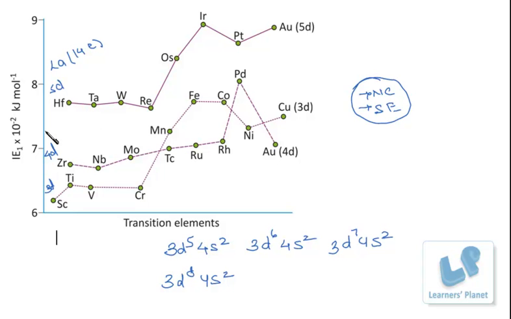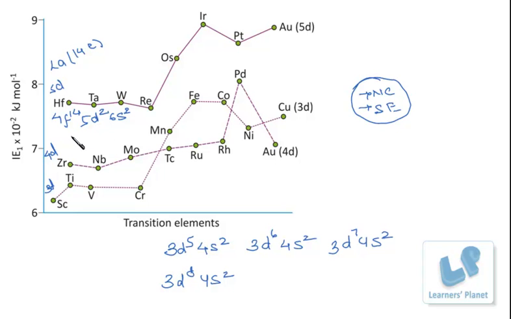The configuration of hafnium will be 4f14 5d2 6s2. Right? This is the configuration of hafnium.